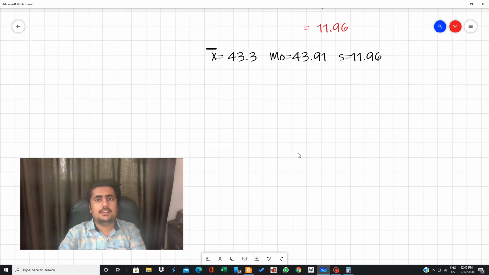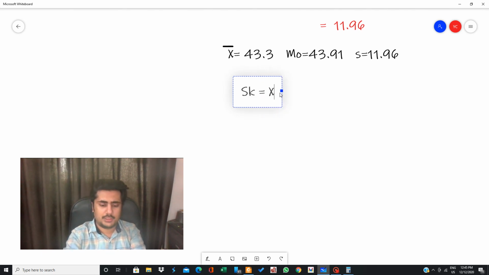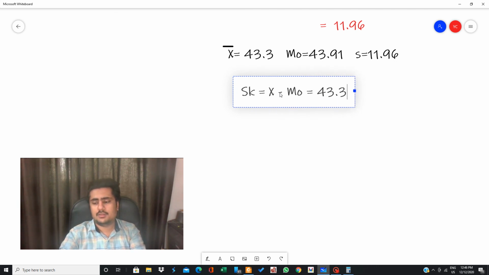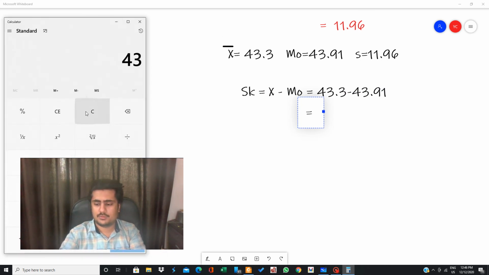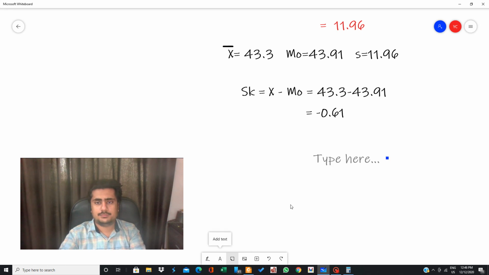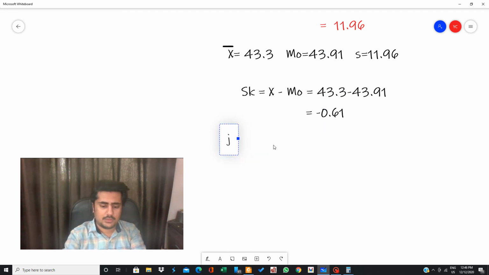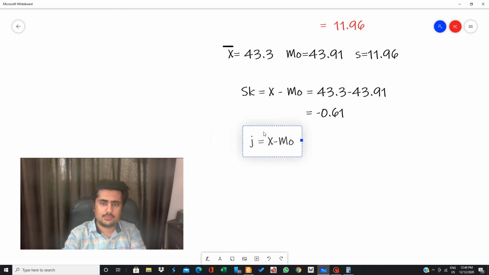Now let us find the skewness and its coefficient. My skewness is equal to mean minus mode. What is mean and what is mode? Mean minus mode is negative 0.61. Then what is the coefficient? The coefficient of skewness is mean minus mode upon standard deviation.